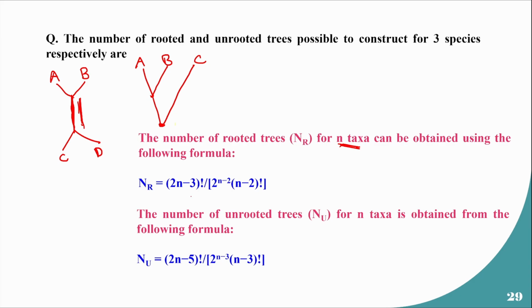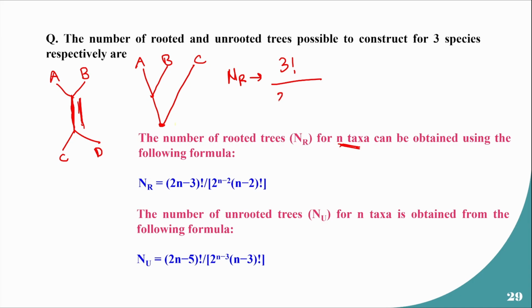So here, if you calculate the number of rooted trees, n is 3, since we have 3 taxa. So it will be 3 times 2 minus 3. So 6 minus 3, that will be factorial 3, divided by 2 to the power n minus 2.